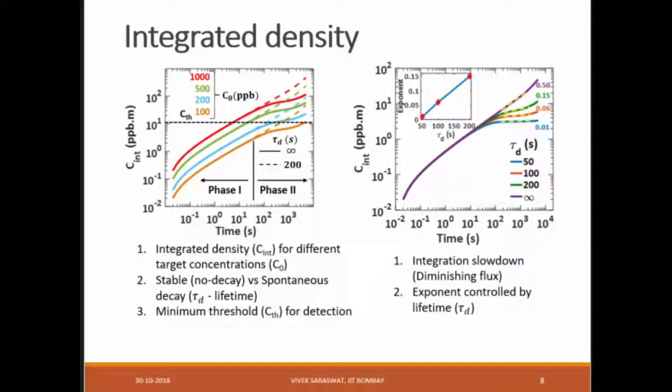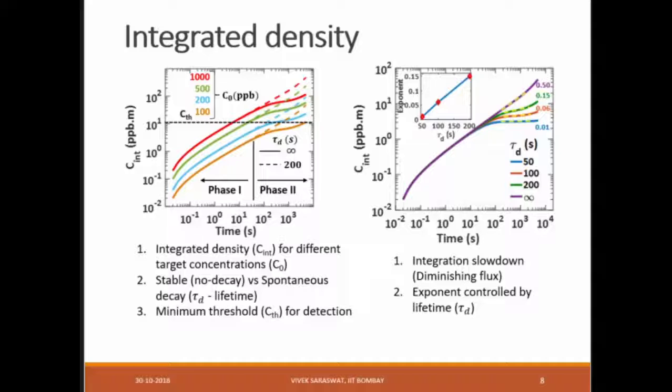So here we have done the simulations for different values of tau d, the lifetime, and we see that compared to the infinity case, the exponent is a sharp function of the lifetime. The lifetimes are varying linearly, and the exponent is also varying linearly. So there is sharp sensitivity to the lifetime itself.